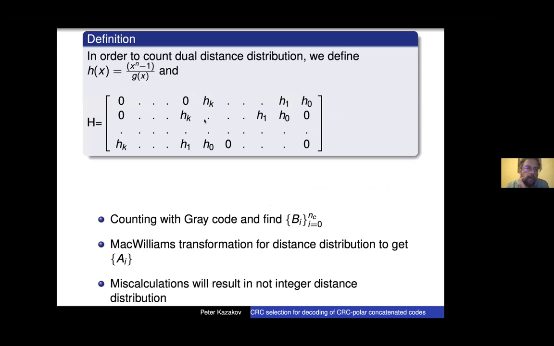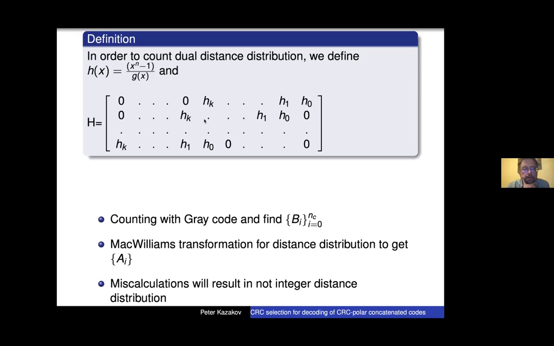Yes. Actually, what we are doing is in this matrix. If we want to shorten the code by a number of positions, we do this on this matrix. We cut the number of columns on the right side.